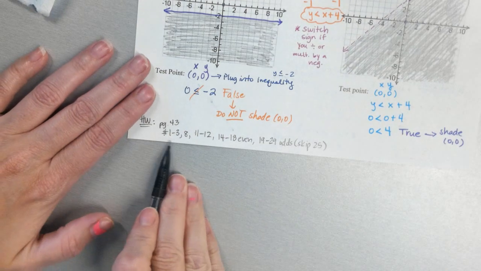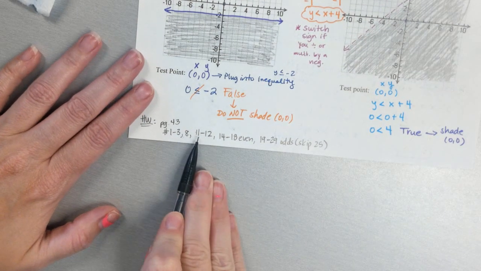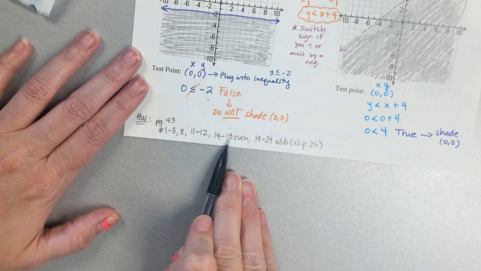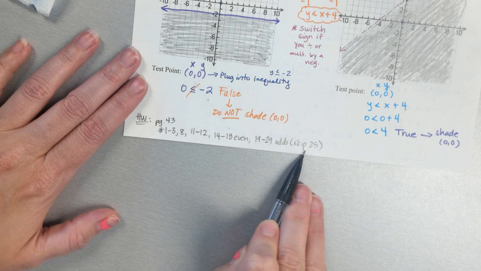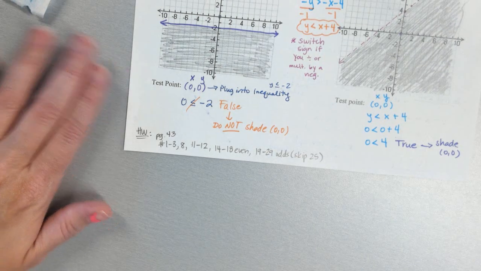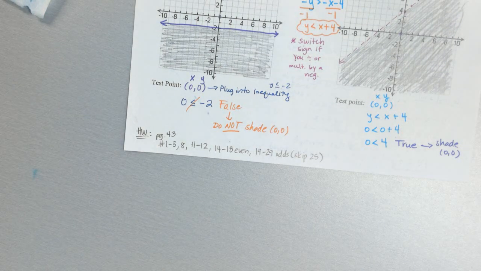Okay, so 1 through 3, number 8, 11, 12, 14 through 18 are just the evens. 19 through 29 are the odds, and you can skip number 25. Okay, and then I'm going to pass out your graph sheets.